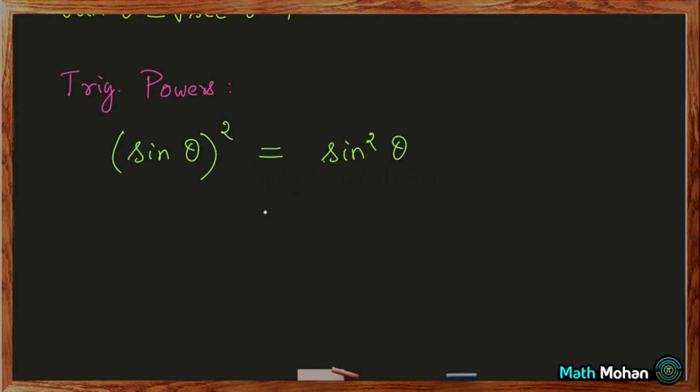Both mean the same. Because everywhere we cannot put the bracket and write, it would be a lengthy procedure, so you can write like this. This is applicable for any exponent and any trigonometric term. So if we have cos theta the whole cube, it is nothing but cos cube theta, right? Both mean the same.